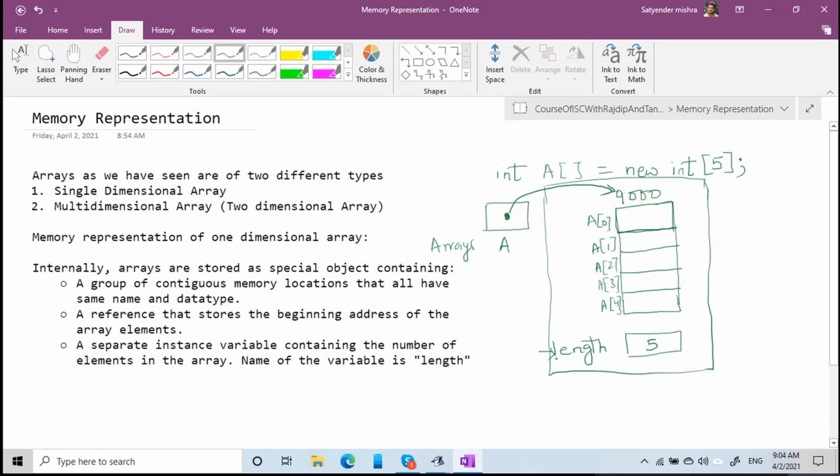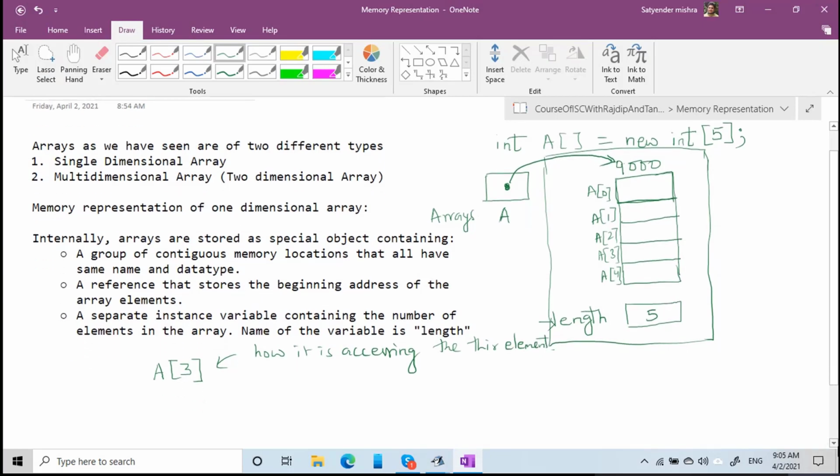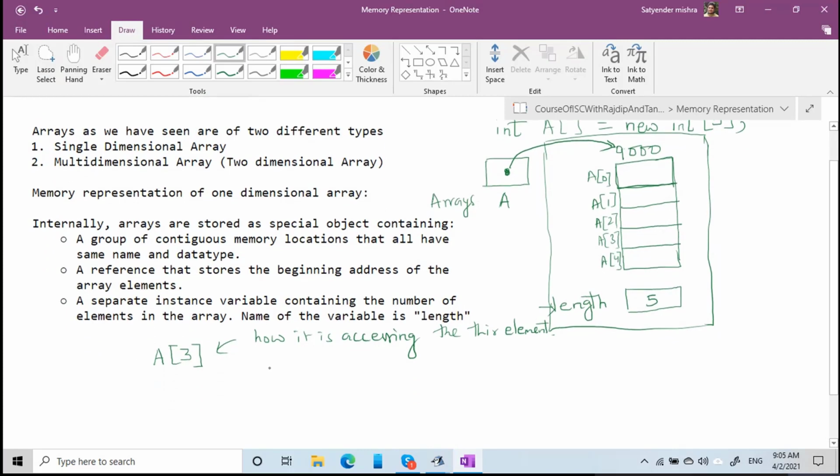Now, my next thing is this: when we write a statement, say for example, if I want to access the third element of the array, I will write here A3, right? So my question is, how is it accessing the third element? So the internal story is this: the name of the array is pointing to the first element.